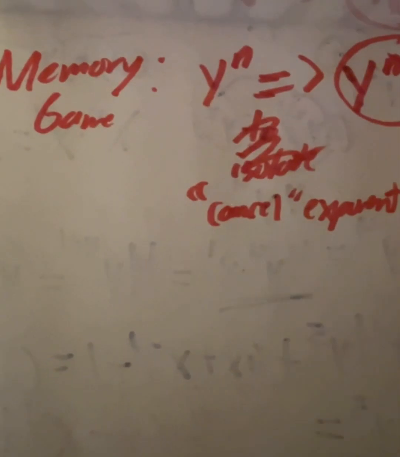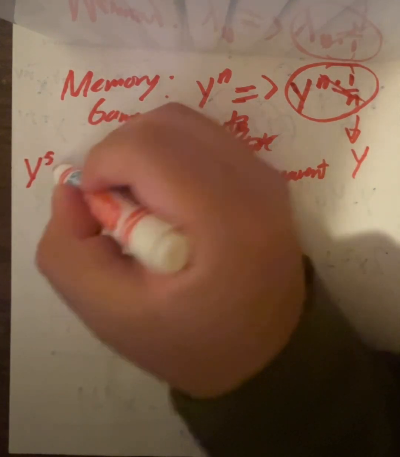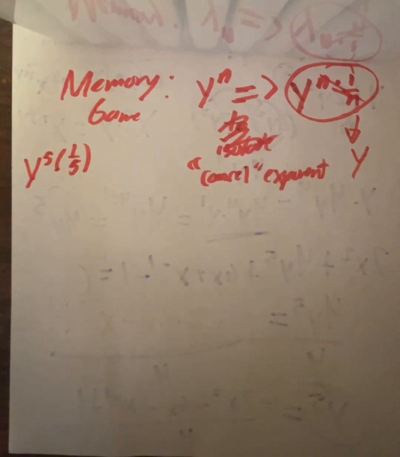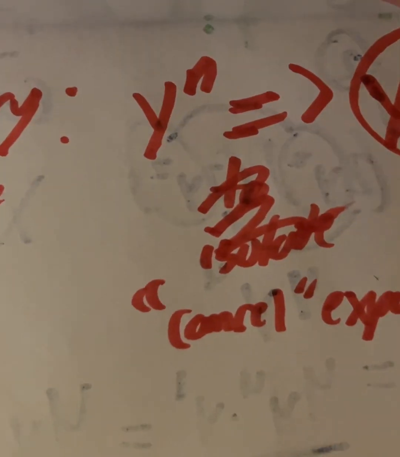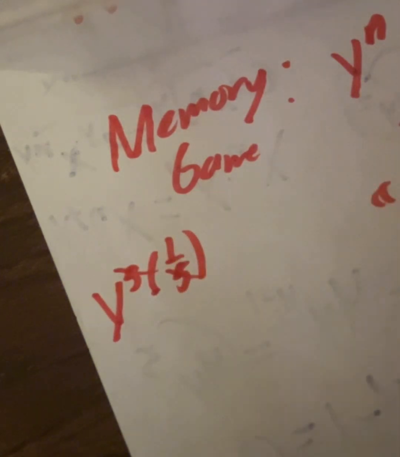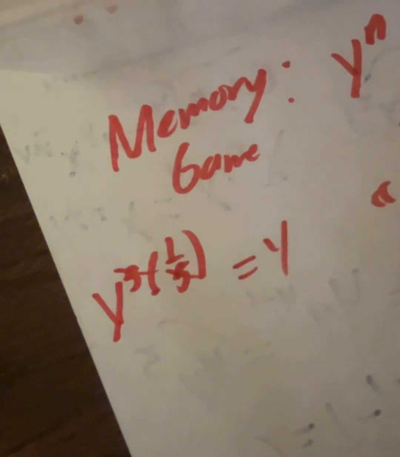We want to cancel out the exponent so we can just be left with y. And so what do we do, you may ask? Well, since we know that we have y to the 5th, we need to multiply the exponent of y to the 5th by 1/5, so we can just get rid of the exponent.